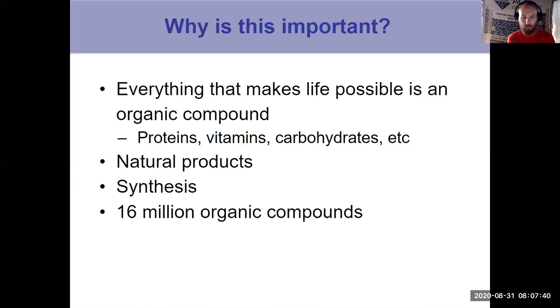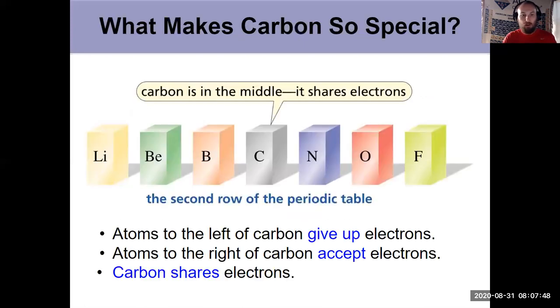And why is that field so big, right? Just thinking about the study of carbon. Well, think back to electronegativity, right? We talked about that general trend in the past of electronegativity. The increase is going up and to the right, excluding the noble gases. But carbon's kind of in the middle.